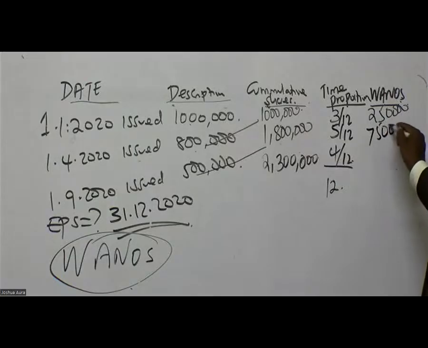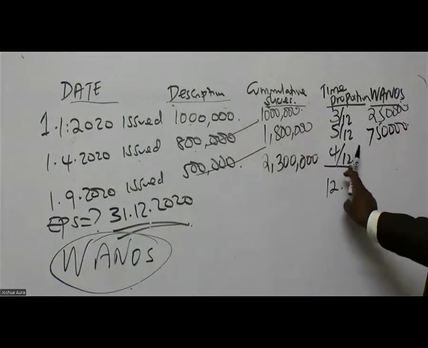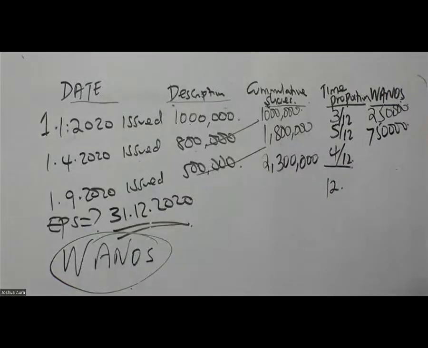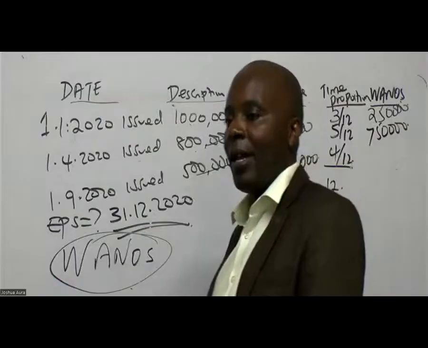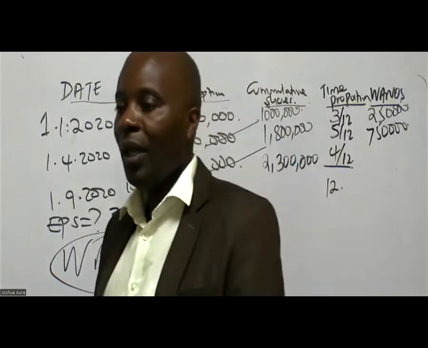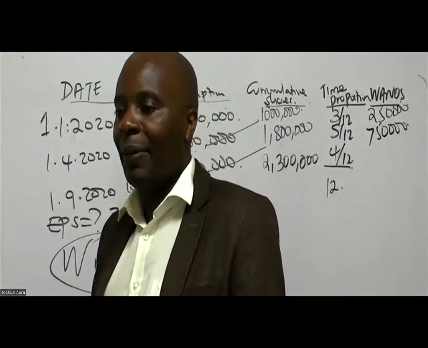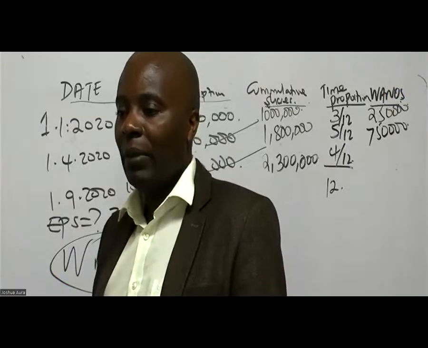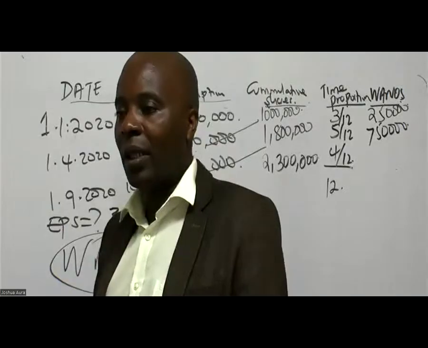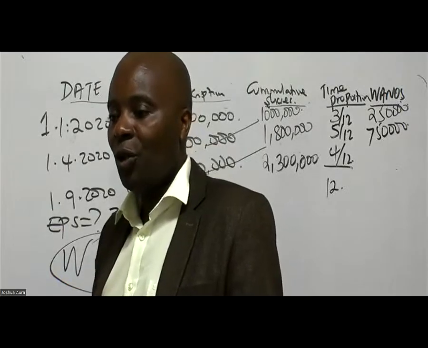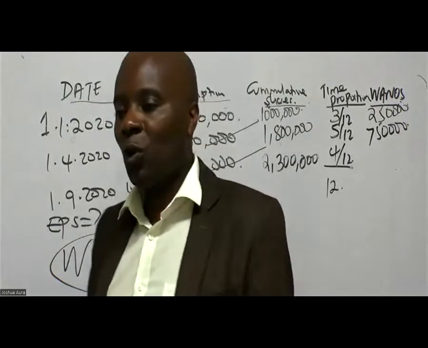And then the last one, ladies and gentlemen, is 4/12 times 2.3 million. 2.3 million times 4 over 12.